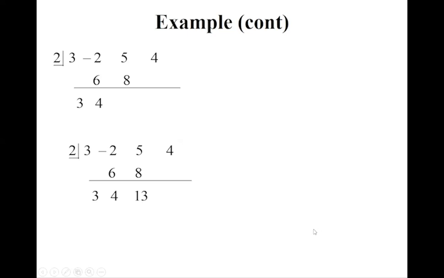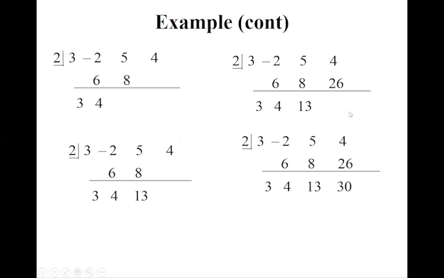That's 13. And then we multiply. 2 times 13, that's 26. And then we add 4 plus 26 is 30. So we bring down the first number and then multiply and add, multiply and add, multiply and add. That's synthetic division.